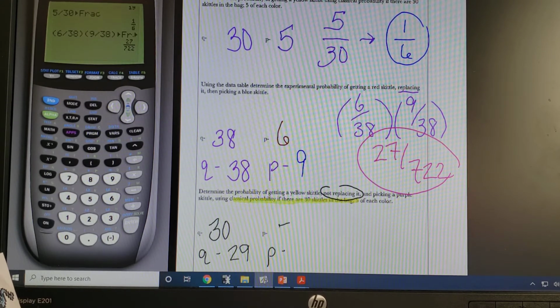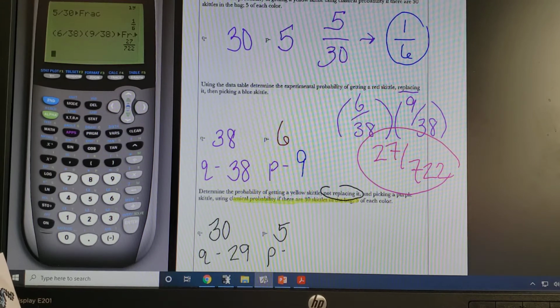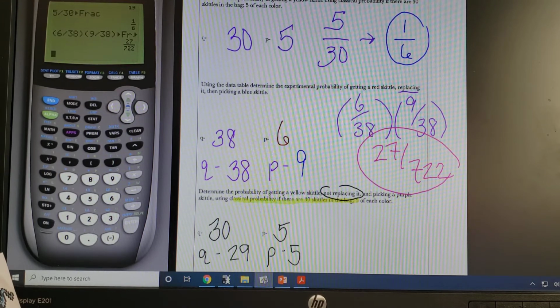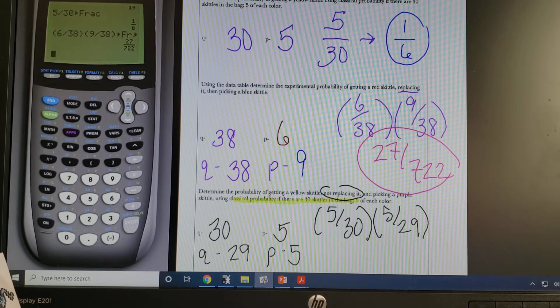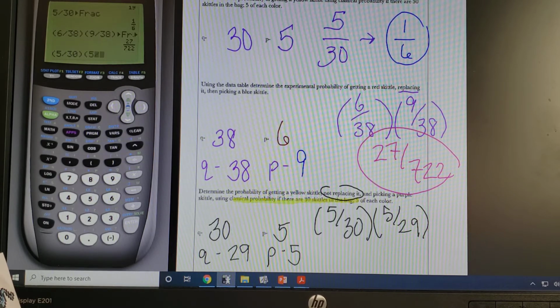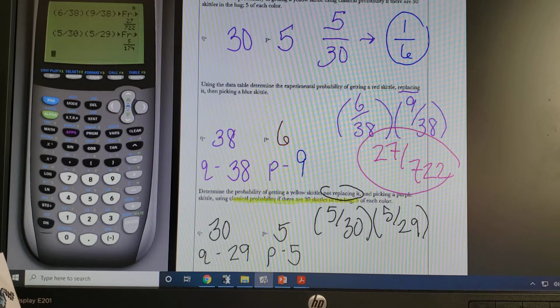I want purple, so there are 5, and yellow. Should have those reversed, 5 and 5. So we get 5 over 30 times 5 over 29. I'm going to type that in the calculator and hit math, enter, enter. And I'm going to get 5 over 174.